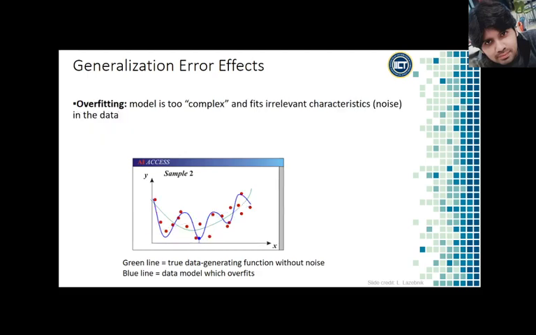Now for overfitting, the model can be too complex and fits irrelevant characteristics, that is noise in the data. In this case, the green line is a good representation, whereas the other line tries to fit exactly all the data points.